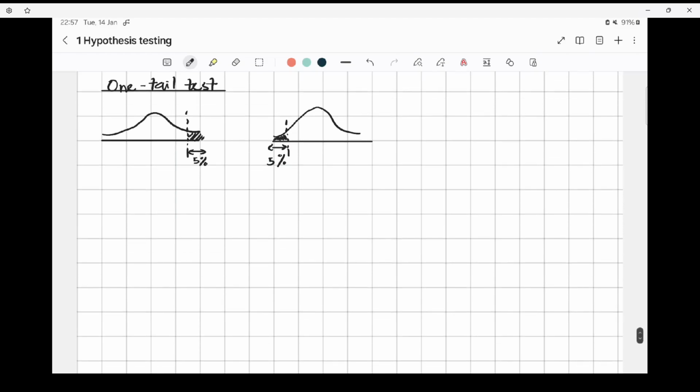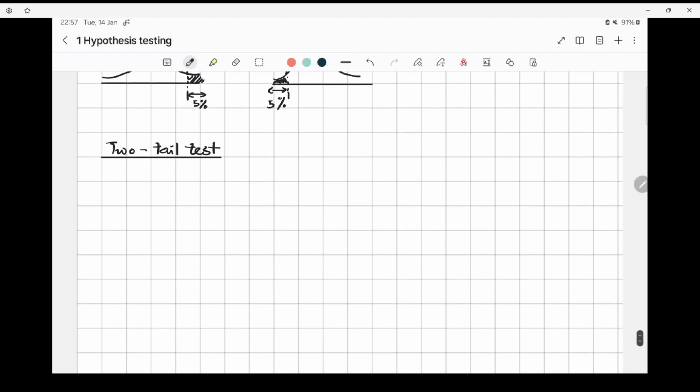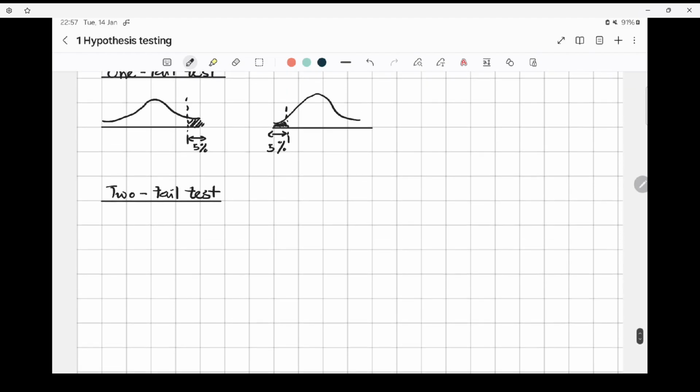There's another type of test called the two-tail test. Whereby in this particular scenario, let's say this is your bell curve. If you are doing a 5% significance level, you will need to separate out half.